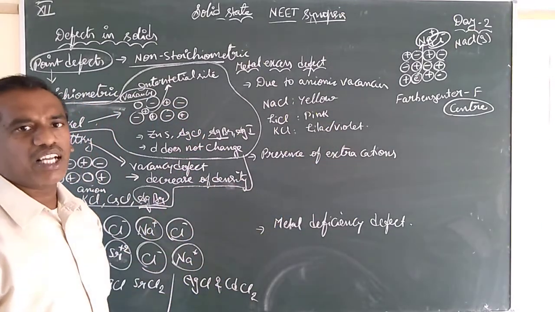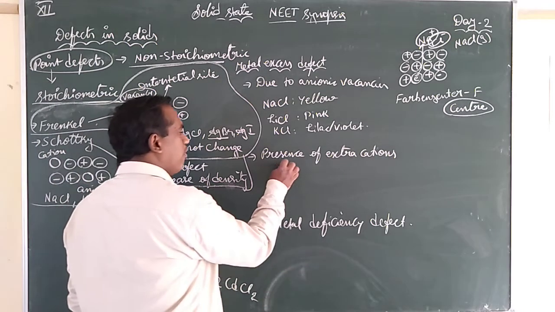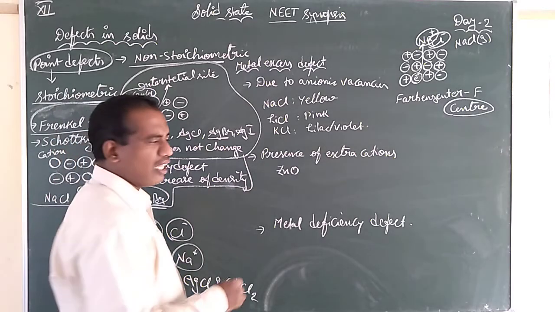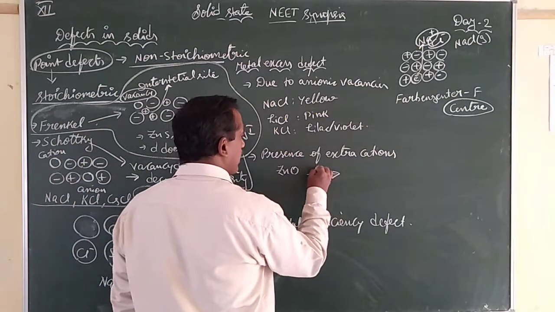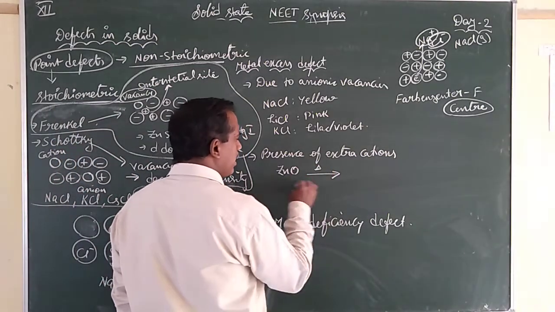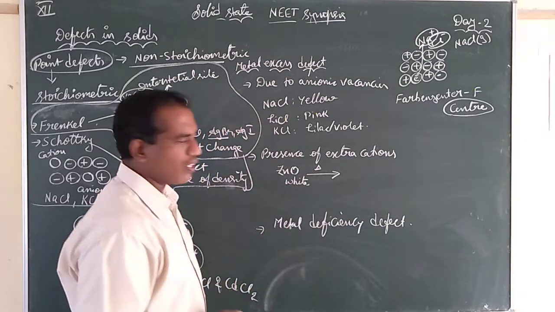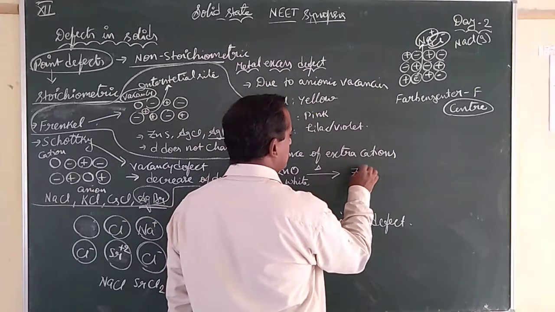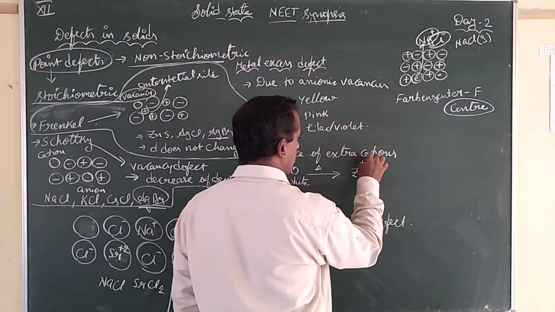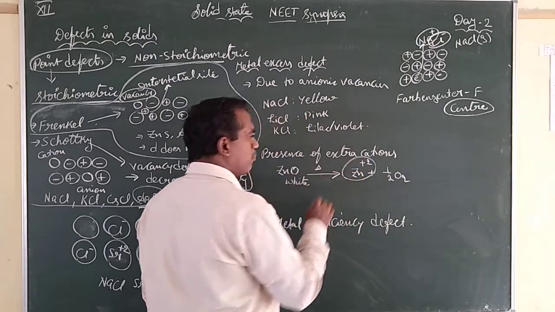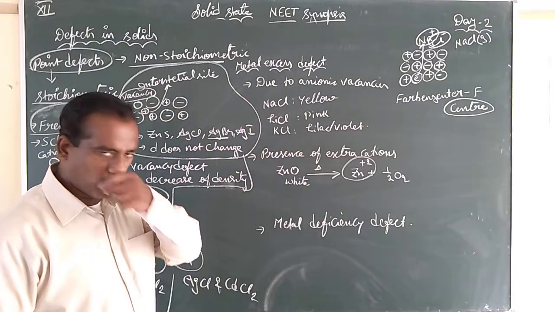And presence of extra cations means what? When you take zinc oxide, a metal oxide, on heating, generally this is white in color. And now after heating, the oxygen will be left over, leaving more amount of zinc ions.